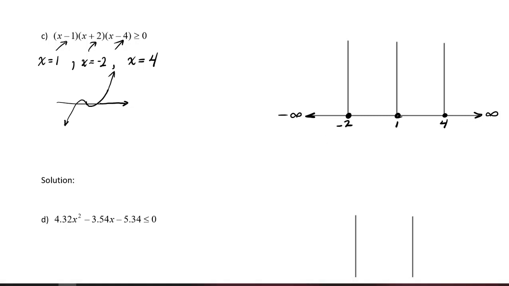It will be negative to the left of -2, above the x-axis from -2 to 1, below the x-axis from 1 to 4, and above the x-axis from 4 to infinity.